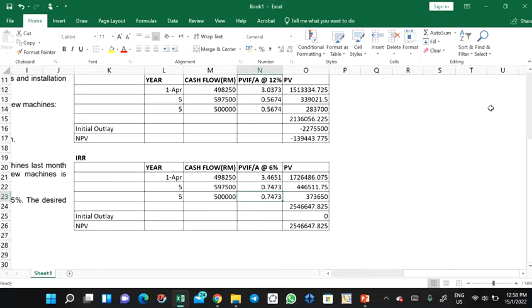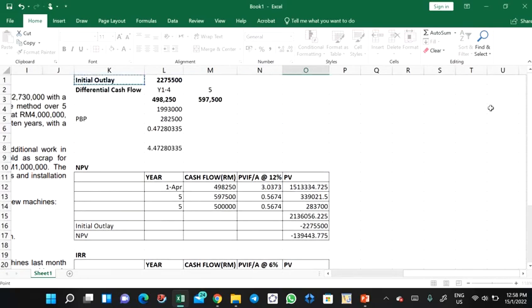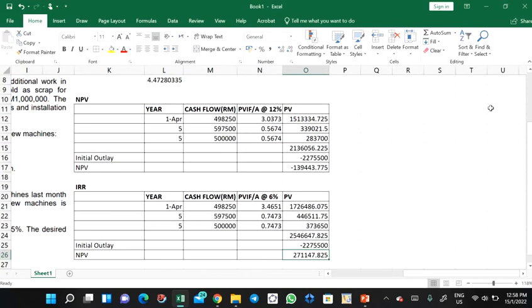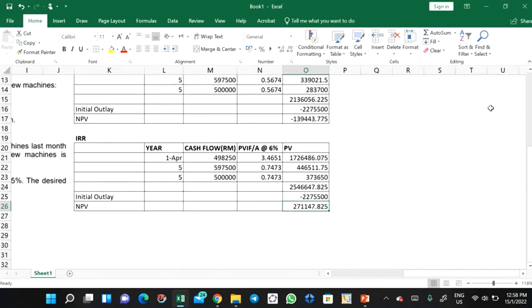Initial outlay equal to negative. So now the NPV is positive.